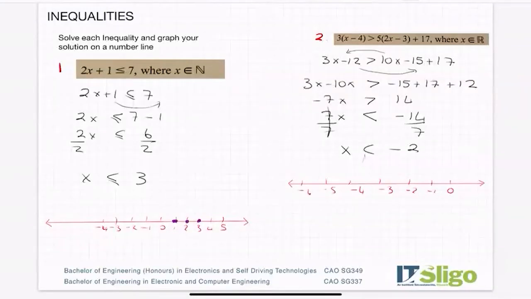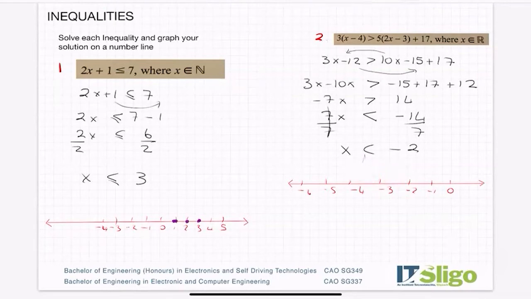Okay, and so on and so forth. You can see the two arrows show that the number line goes on forever. So x is less than minus 2, and it's a real number, so it includes all of the fractions and all of the whole numbers. So it includes all the numbers between minus 2 and minus 3, between minus 3 and minus 4.